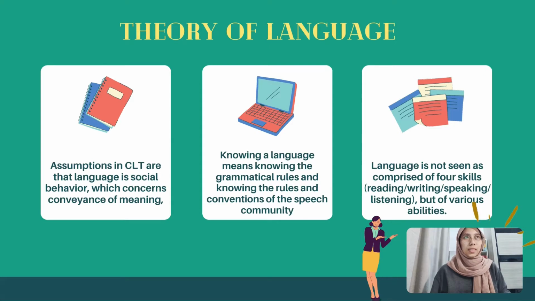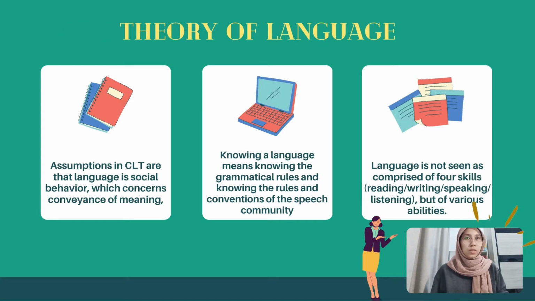So, assumptions in communicative language teaching are that language is social behavior which concerns conveyance of meaning. For example, the grammar of a language is a means of organizing meaning, which means that language is about making text, connected discourse, which is not sentences in isolation.